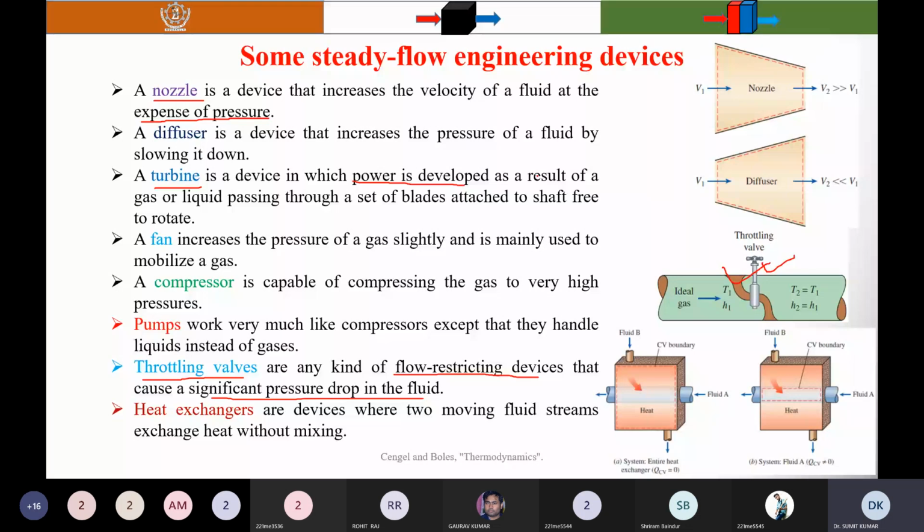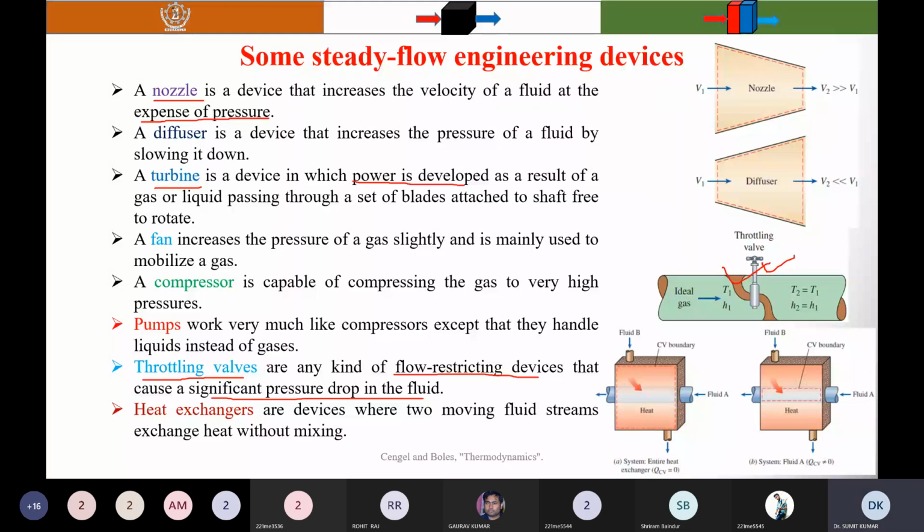Throttling is also used in the Joule-Thomson expansion, which I will discuss in the following lecture. Now you can consider the throttling valve as your system and simplify the steady flow energy equation.